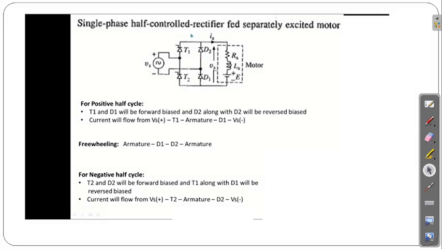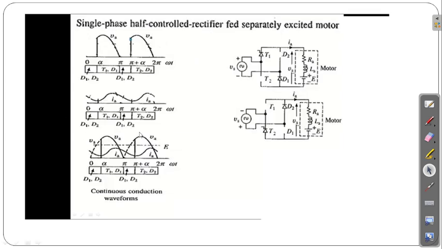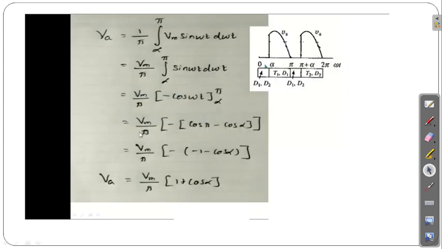Then we will see the waveform as well as the equation of this half controlled rectifier. See here, this is the waveform of the single phase half controlled rectifier. The formula we have seen: Va is equal to 1 by pi times the integral from alpha to pi.